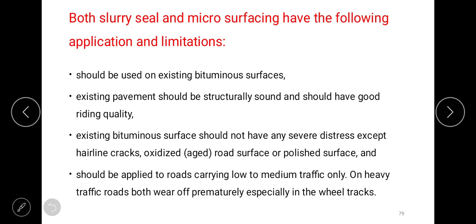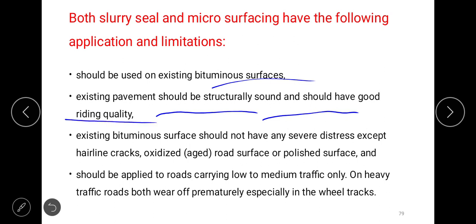Both slurry seal and microsurfacing have the following applications and limitations. It should be used on existing bituminous surfaces. Existing pavement should be structurally sound and should have good riding quality.